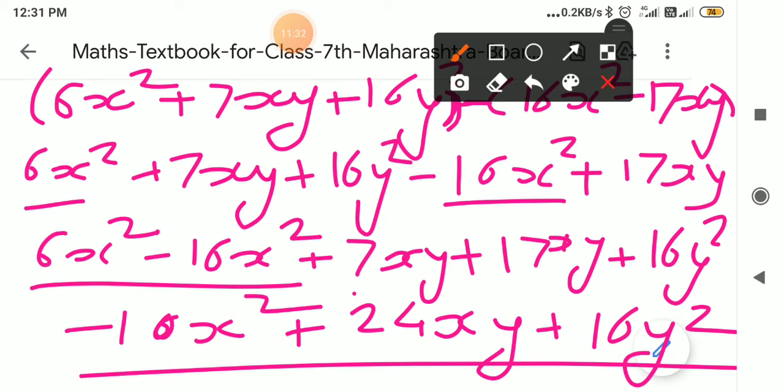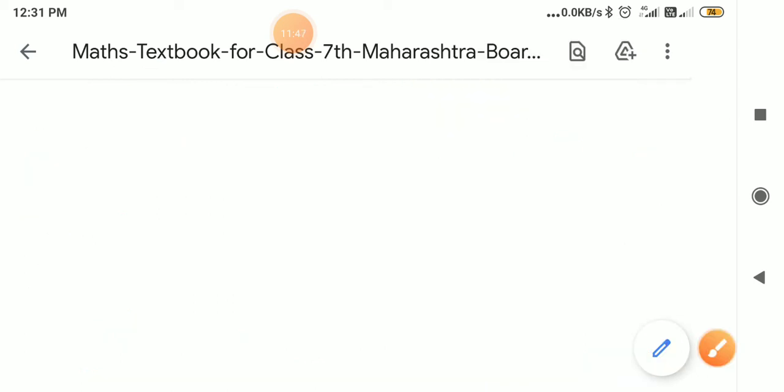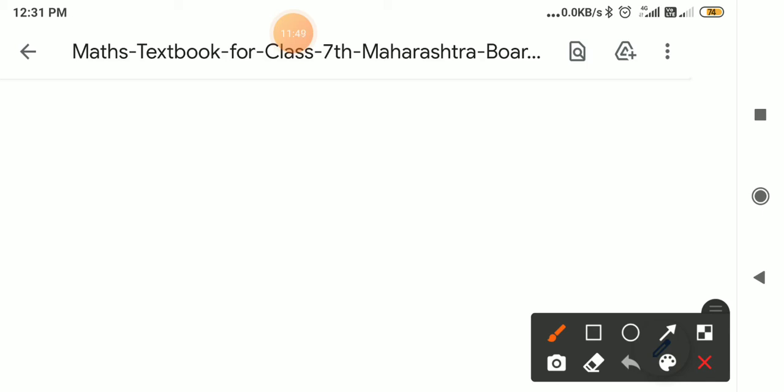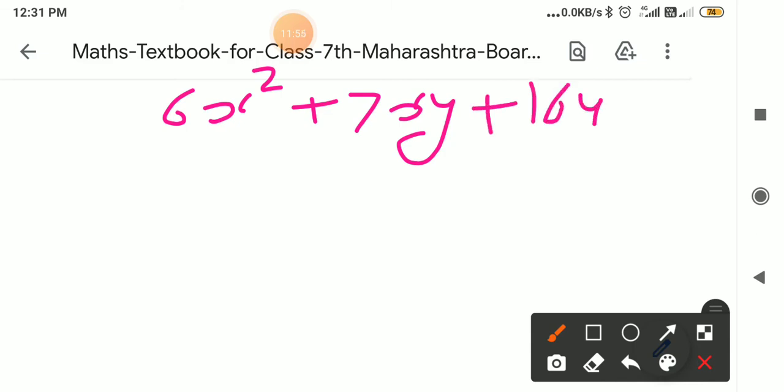When the vertical method is used, what do we have to do? Here this 16y square doesn't have a like term, so we have to carry it forward as it is. Now we will see how to solve with the vertical arrangement. 6x square plus 7xy plus 16y square.